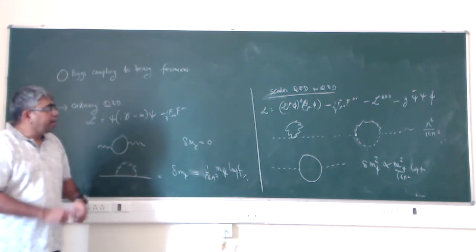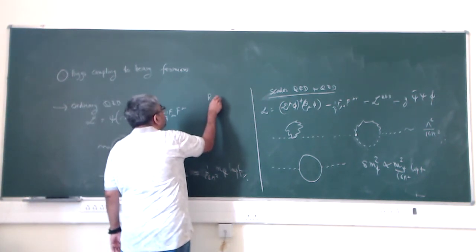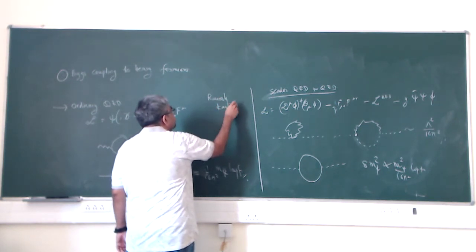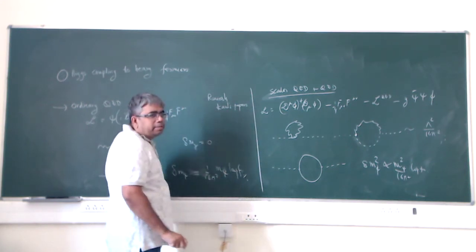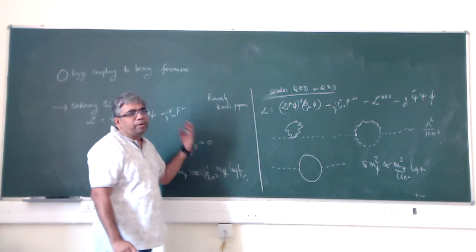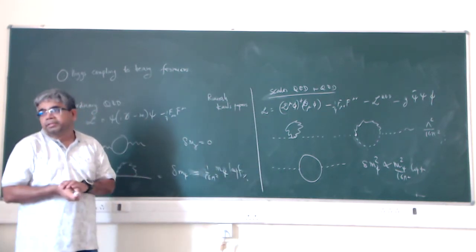I will suggest you read Ramesh Kaul's papers on cancellation of quadratic divergence. These were precursors of supersymmetry. These people were looking at various toy examples and how scalar theories behave under one-loop corrections.